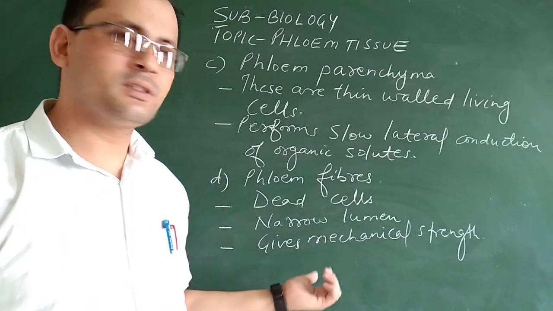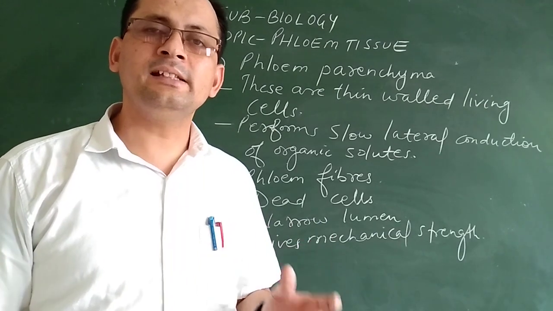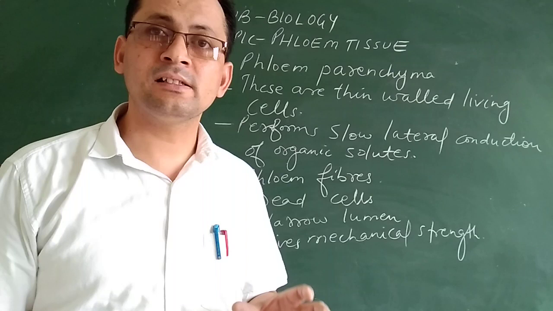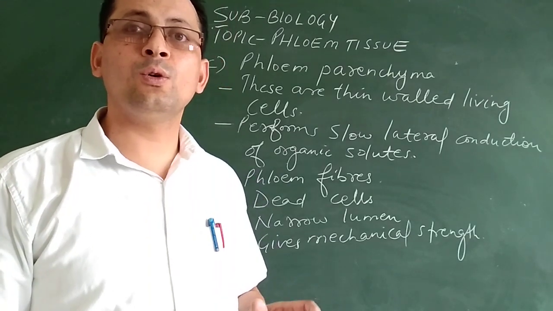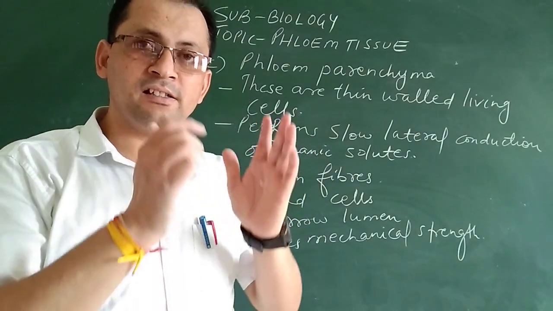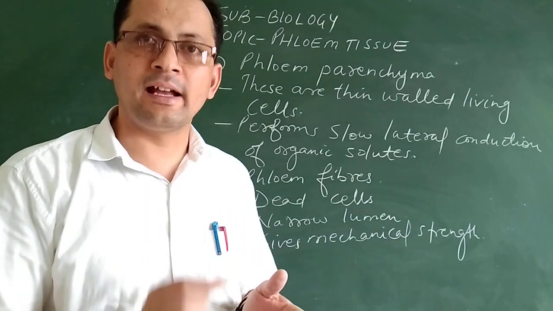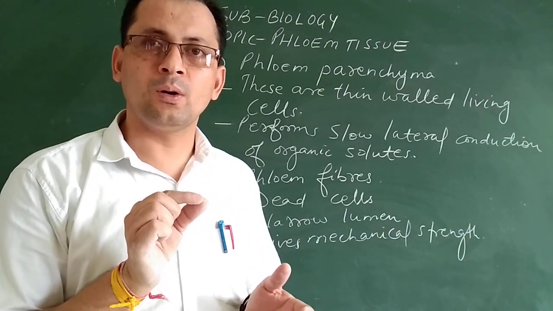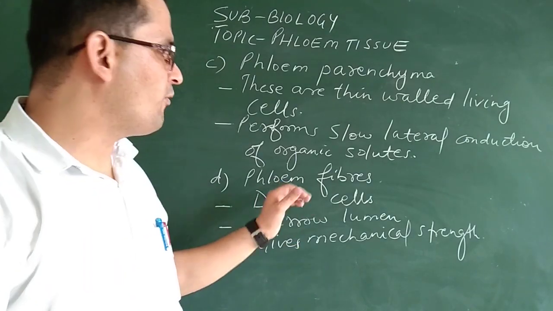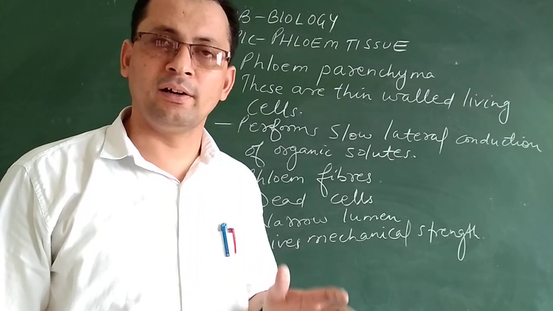Now you can see the fourth cell is phloem fibers. These are dead cells having a narrow lumen. Narrow lumen means the inner space is very small, with tapering ends. The main function of the phloem fibers is to give mechanical strength to the plant.